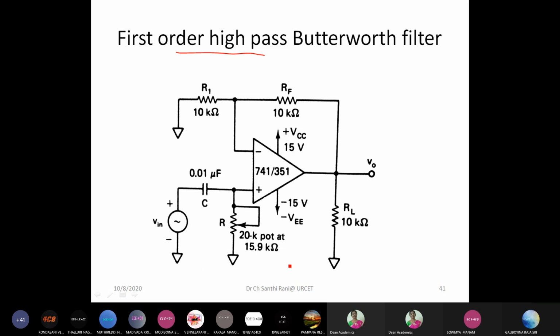When I say in today's class we are going to learn this, unless you understand the previous one, you cannot understand this. Therefore, when I explained all that, I was giving the foundation to this new filter, right?